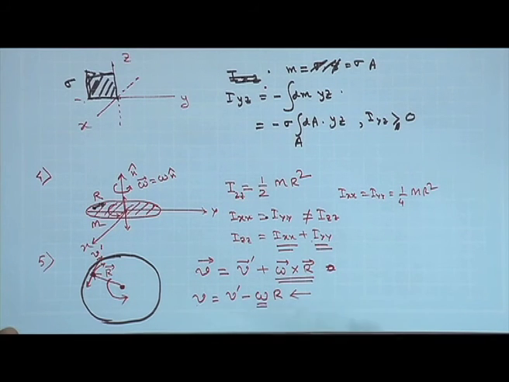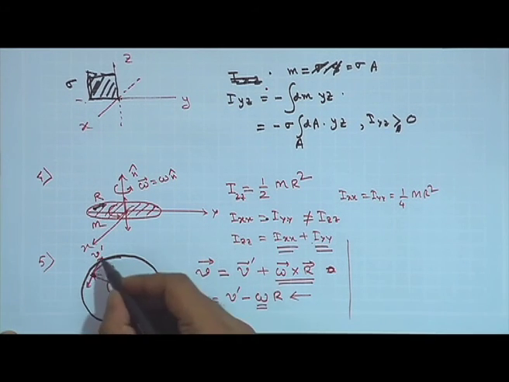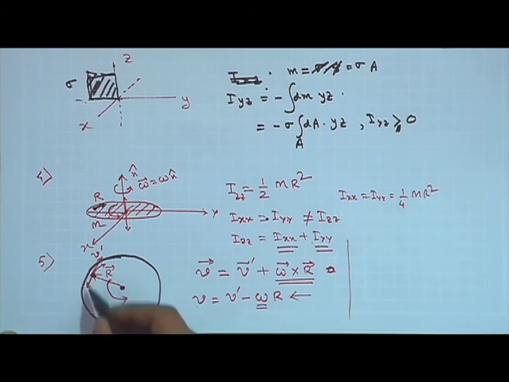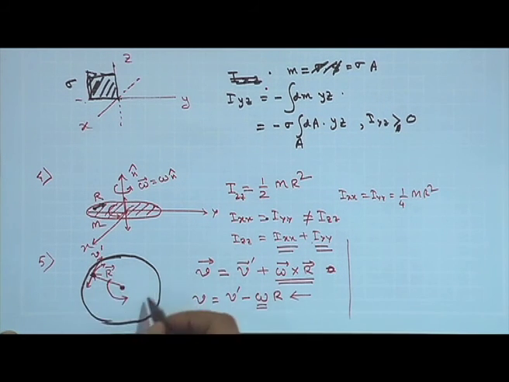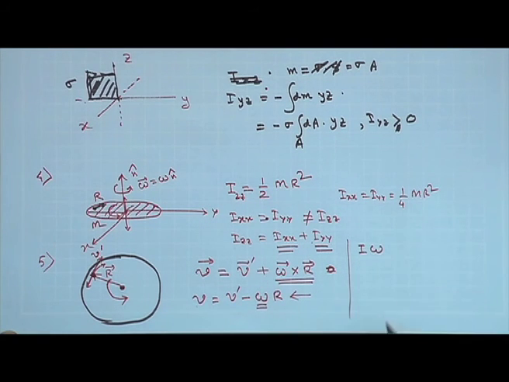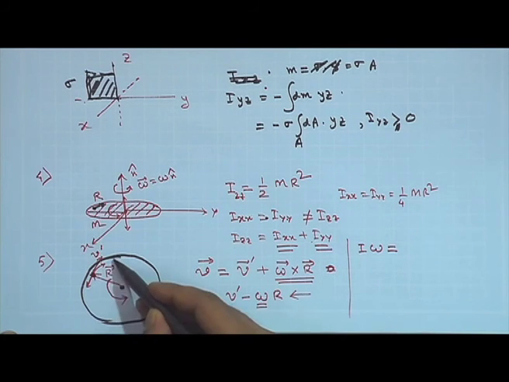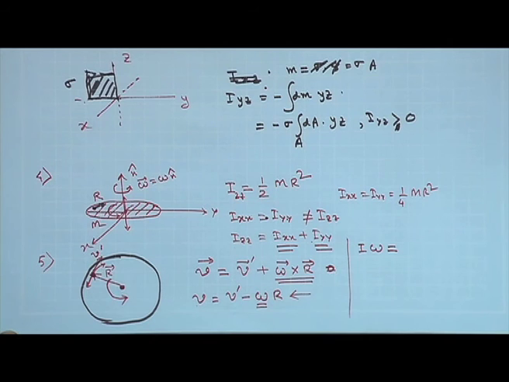Still we have to figure out what is omega. Now thankfully we have the conservation of angular momentum. According to the conservation of angular momentum, the total angular momentum of the rotating disk will be I omega, which by conservation of angular momentum has to be equal to the angular momentum of the fly, which is moving with a velocity v prime with respect to this frame, or rather which is moving with a velocity v with respect to a rest frame.